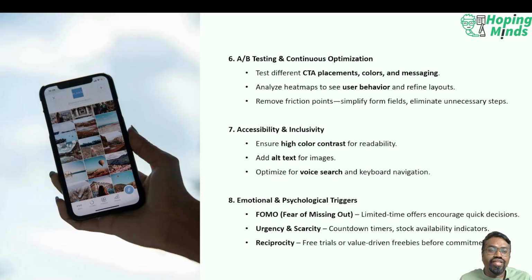As a marketer, we also need to make sure that we put alt text for images. Now, what is alt text? So, let's say we are saving a photograph from a camera onto our laptop.